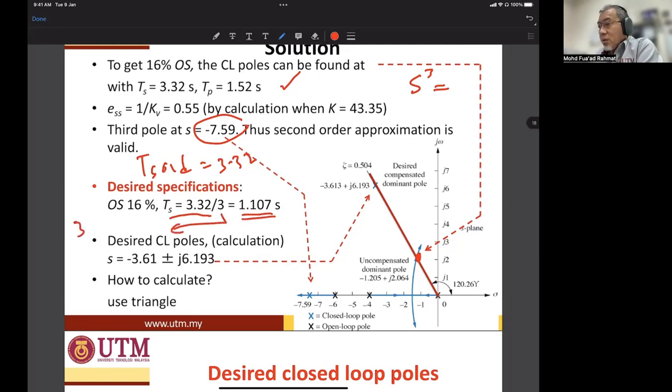Because of the threefold reduction. Understand, guys? Okay, so now the Ts becomes 1.107, which is the target. And the desired closed loop pole is minus 3.61 plus minus j6.193.